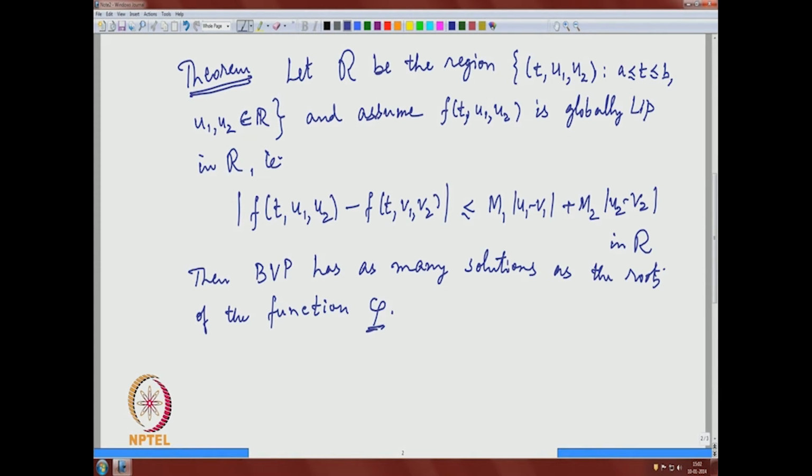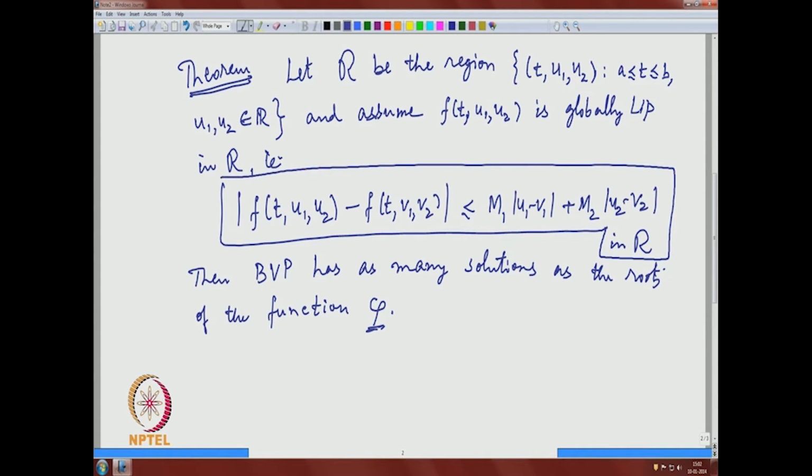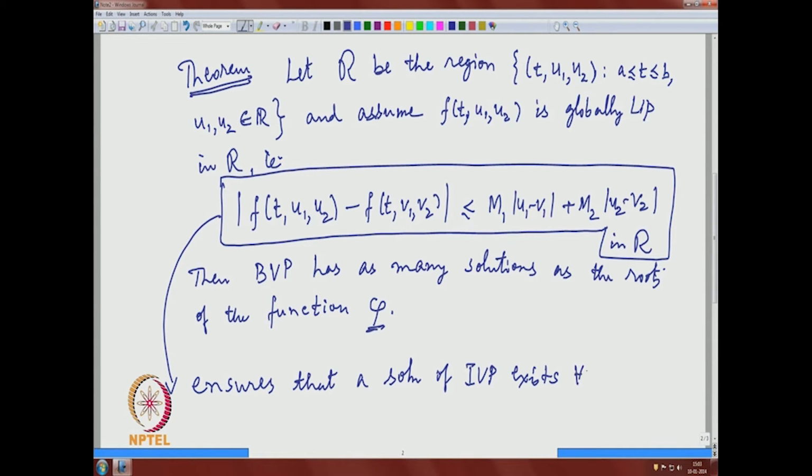Okay, remember what phi is. This is a somewhat very strong condition, and that ensures that a solution of the IVP exists for all t in [A, B].